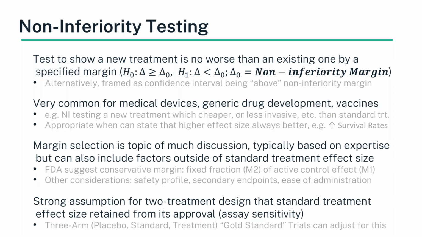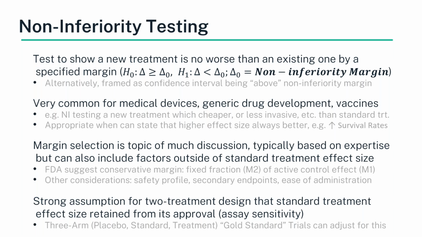By default though, conservative margins are going to be encouraged, especially in the case of generic medicines, because you want your new treatment to do the same thing as the standard, and in most cases, when you've got confidence in the product, it'll be okay to select that conservative margin.